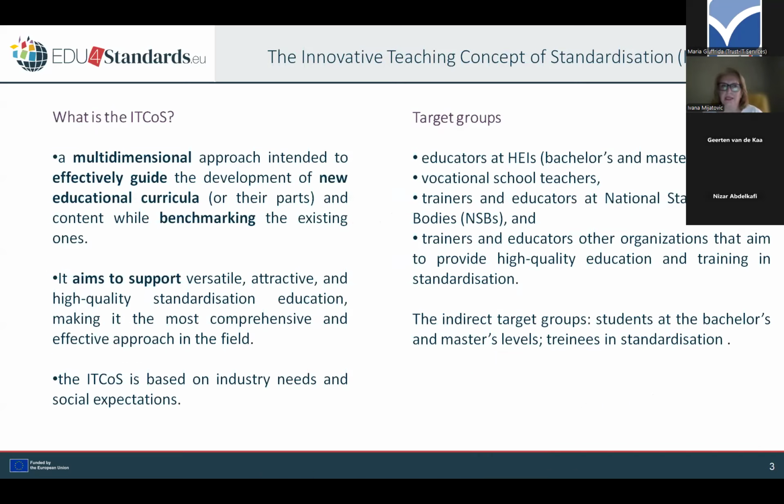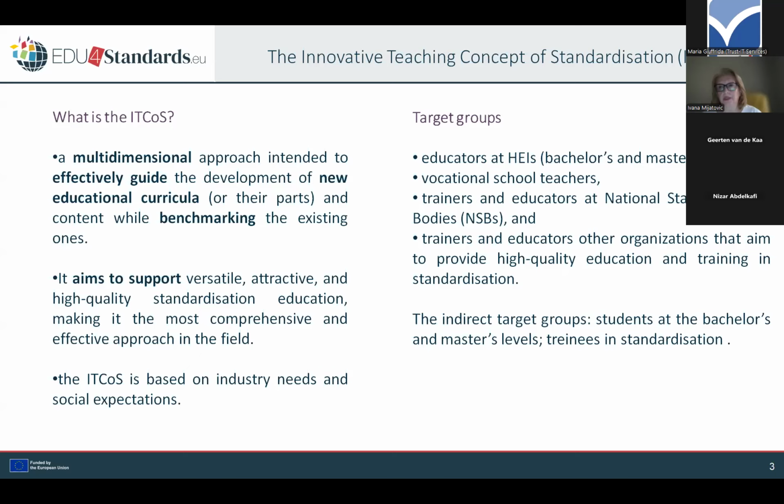To do that, we started with a concept related to innovative teaching of standardization. As a multidimensional approach, it is intended to effectively guide the development of new educational curricula or their parts and content, while benchmarking the existing ones.